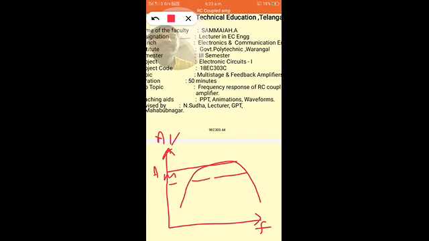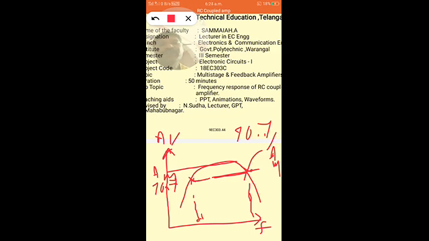At one point, the gain falls to 70.7% of maximum, A max. These frequencies corresponding to the gain falling to 70.7% of maximum are known as cutoff frequencies, FL and FH.